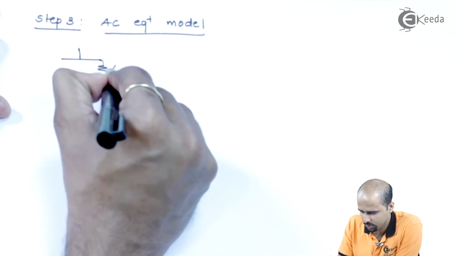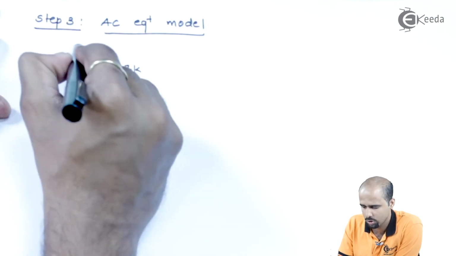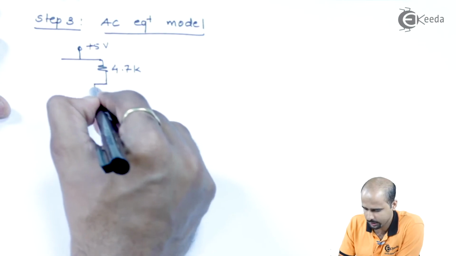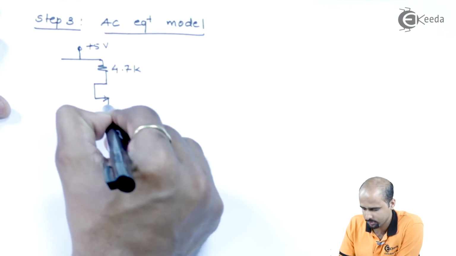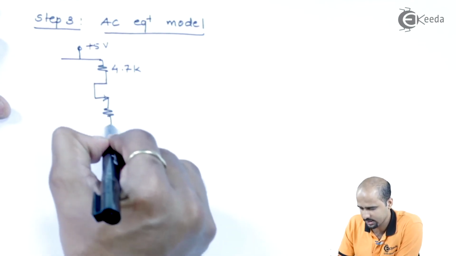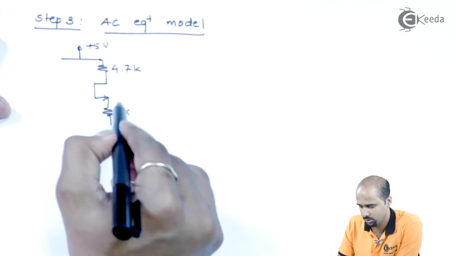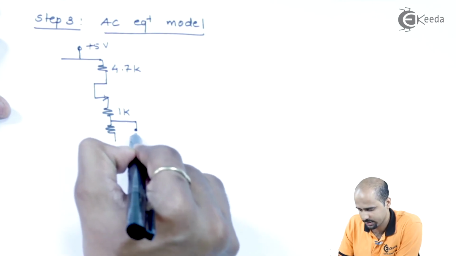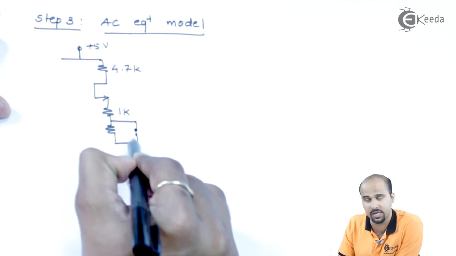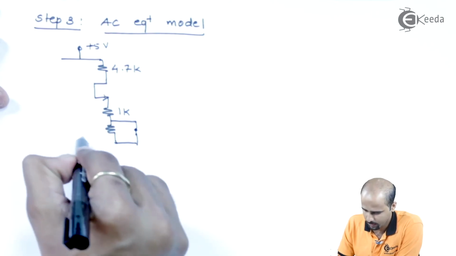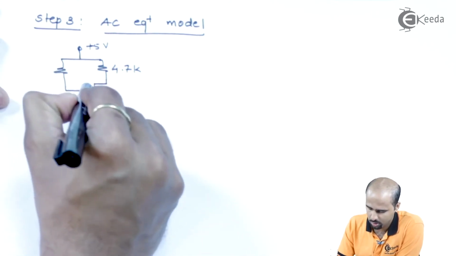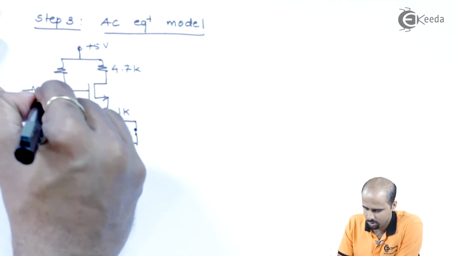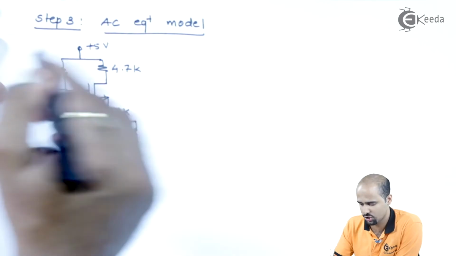Okay, so first of all, this will be the circuit, 4.7 kilo plus 5 volt, right? Then connected to the drain side, the resistance is 1K here. This 1K will be short circuited because the capacitance is short circuited.